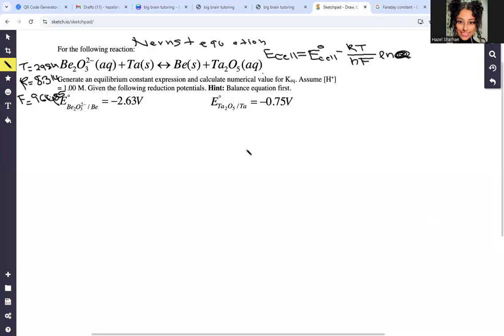And because we're going to assume it's in standard condition and at equilibrium, this is going to be simplified. So when the cell is in equilibrium, E of the cell is going to be equal to 0.